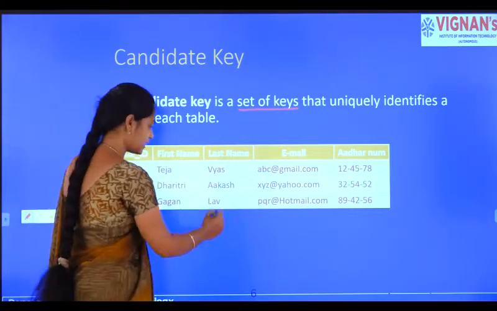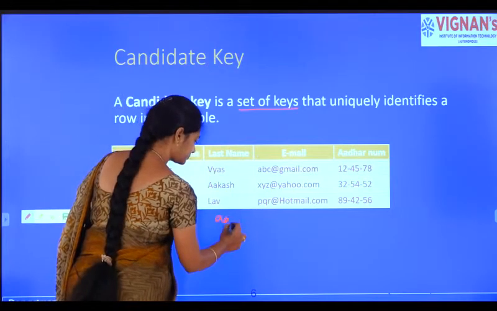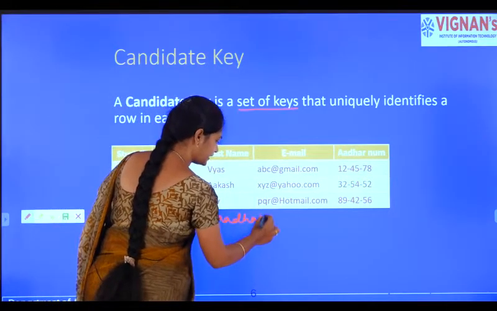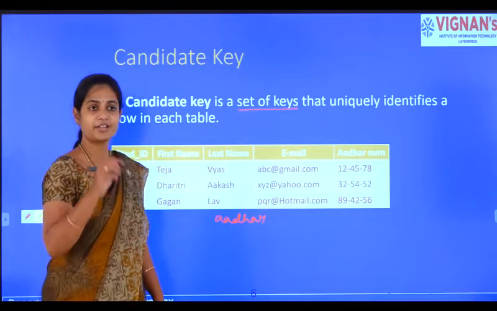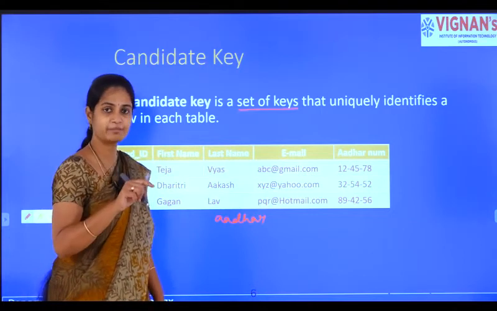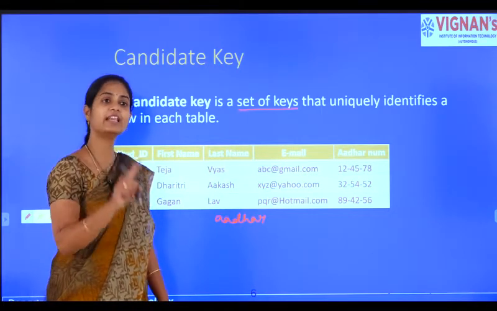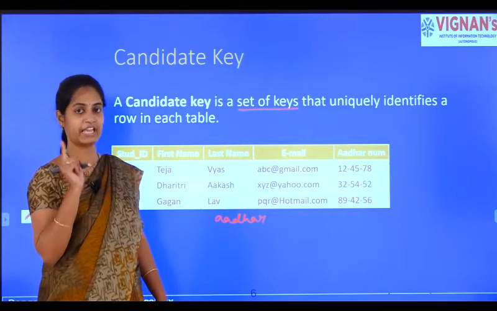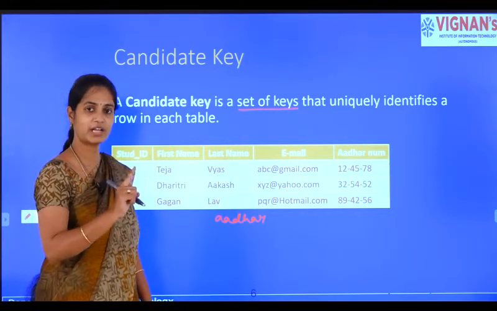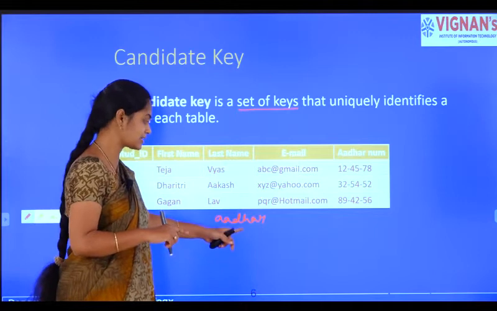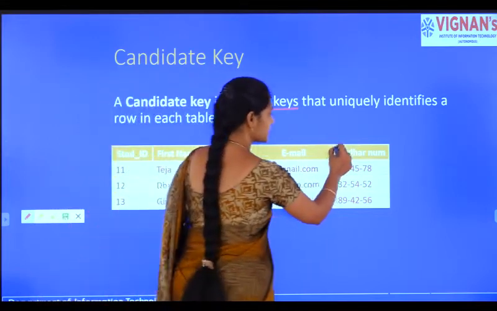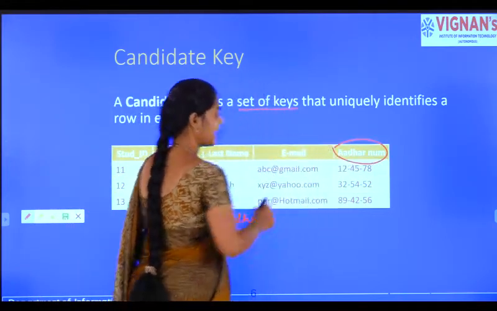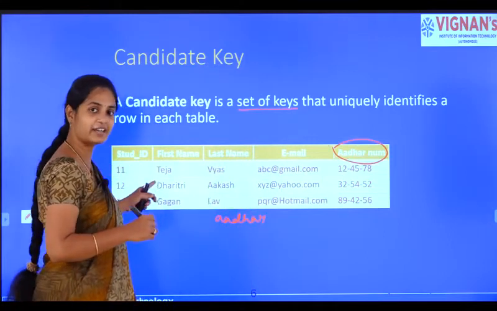Let us consider Aadhaar number. Every person will have a unique Aadhaar number. So using this attribute, you can identify the entire tuple, right?